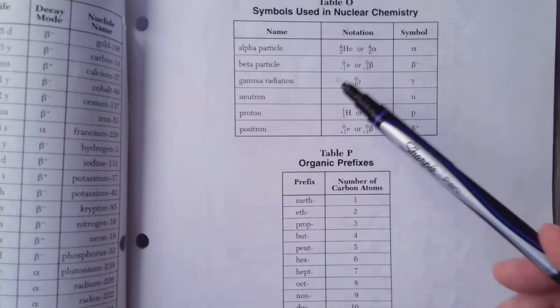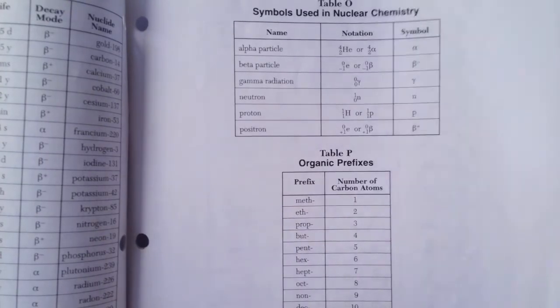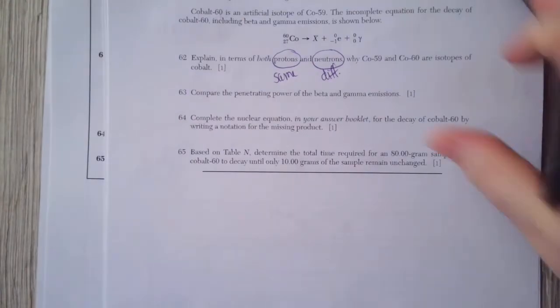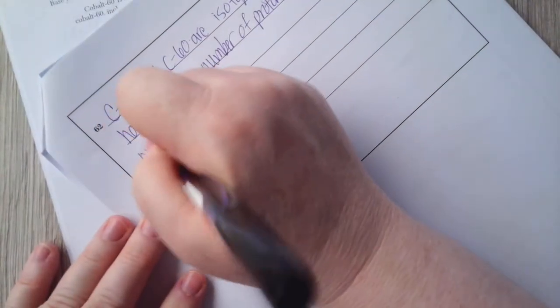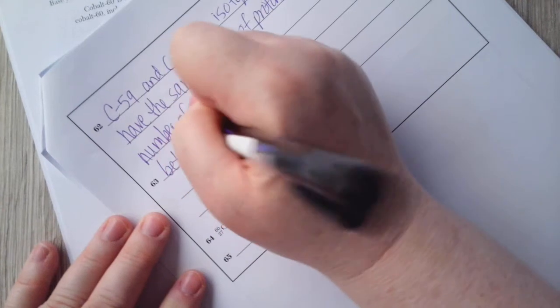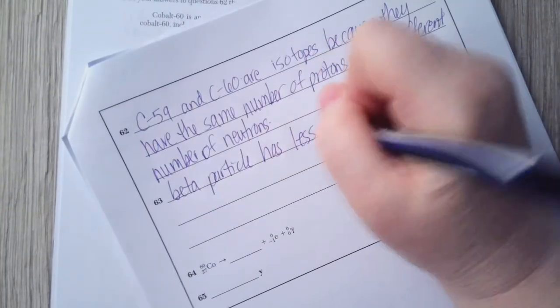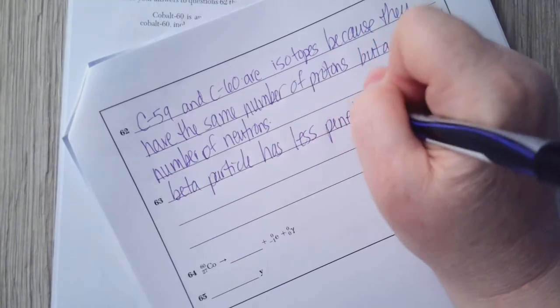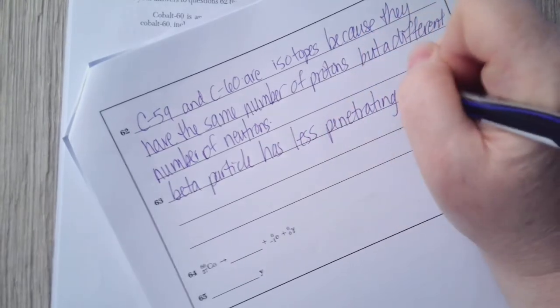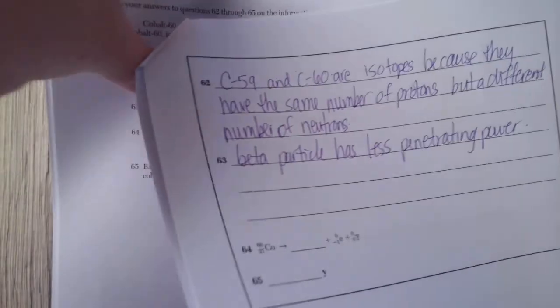So that means the beta particle has less penetrating power. So that's what I need to write here. Beta particle has less penetrating power. Okay. All right. Let's go on.